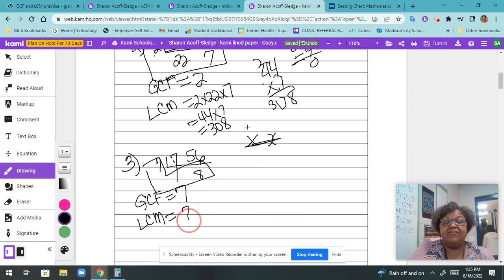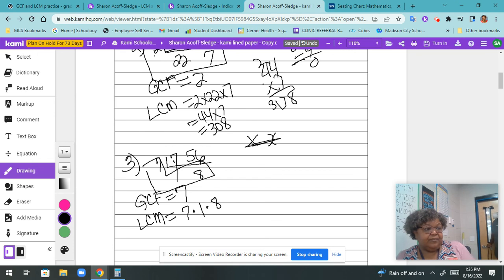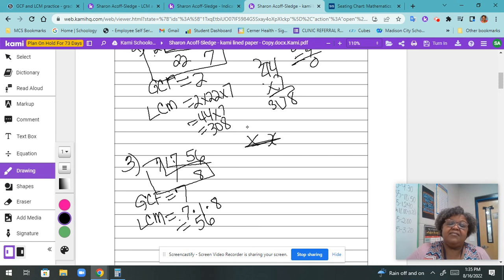Okay, so we have 7 times 1 times 8. That dot means multiplication. So 7 times 1 times 8 is 56. Because 7 times 1 is 7 and 7 times 8 is 56, which is not an issue if you have your multiplication tables with you.